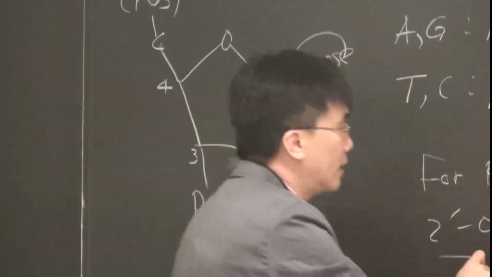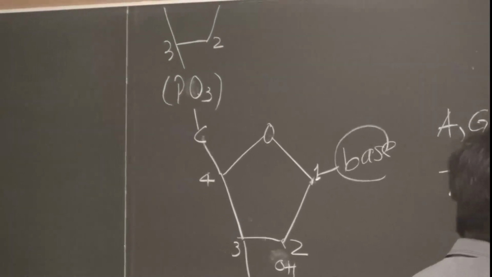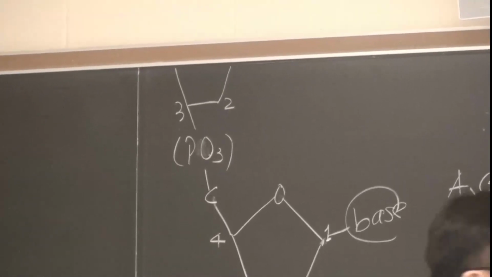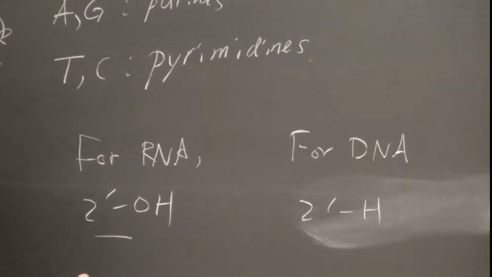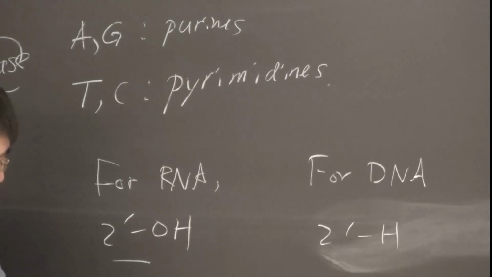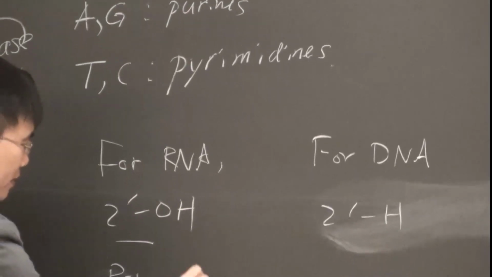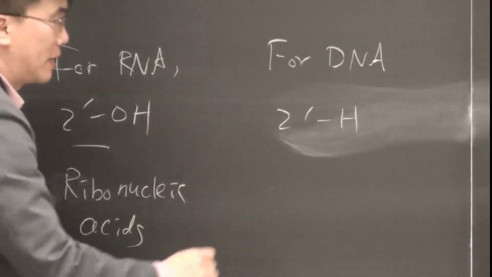So this is RNA, and then for DNA. When you make a molecule like this, it's called RNA, which is ribonucleic acid. What is DNA?